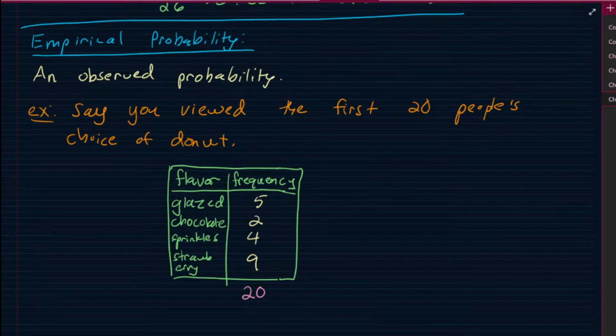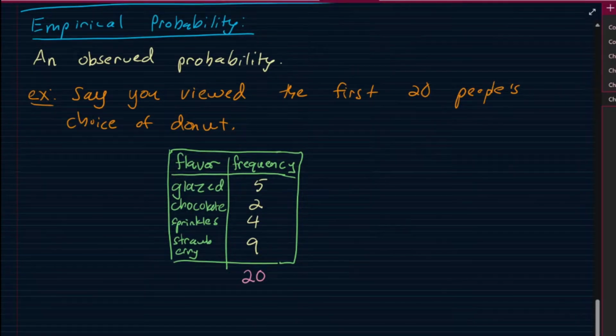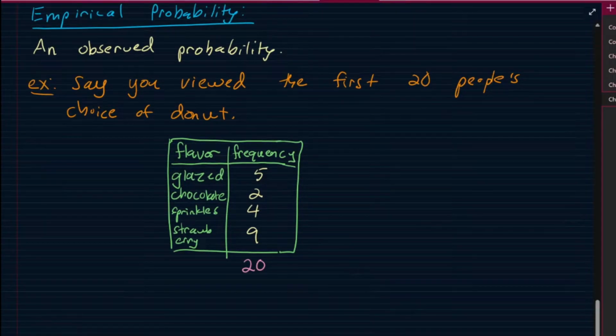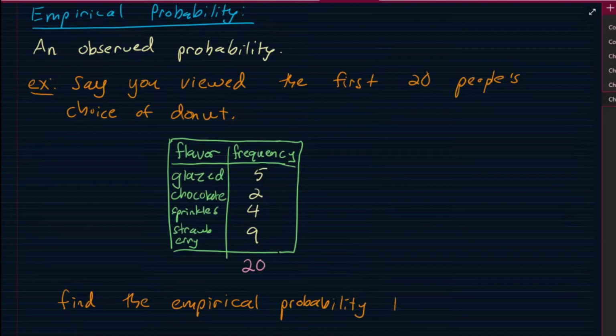And we could then maybe find the empirical probability, based on this study or experiment, that a random person will choose sprinkles.